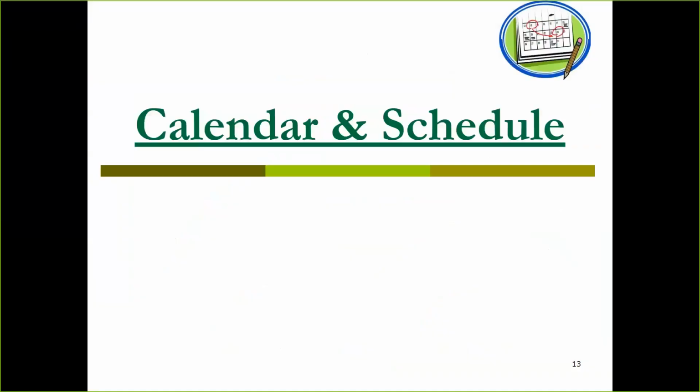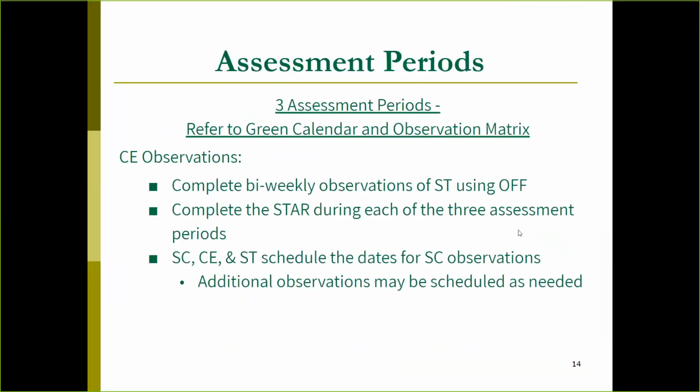Okay, so now we are going to talk a little bit more about the calendar and the schedule. And so this slide is a little different if you are undergraduate, middle grades, or dually licensed in special education and elementary education. But for the rest, there will be 3 assessment periods. And so your assigned site coordinator can provide you our semester calendar.